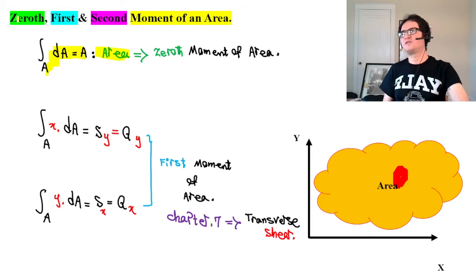The integration of dA over the area can also be called the zeroth moment of an area. And that's just area.